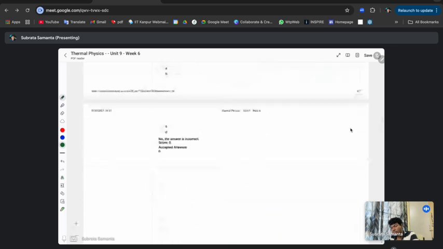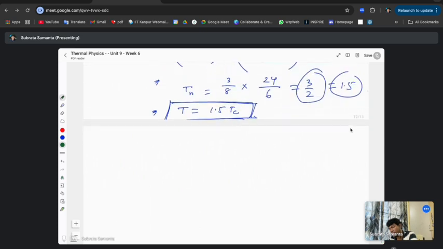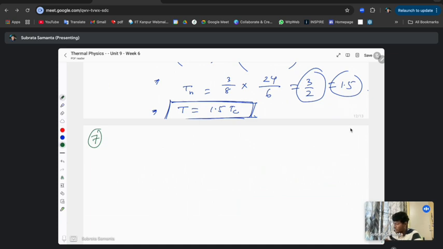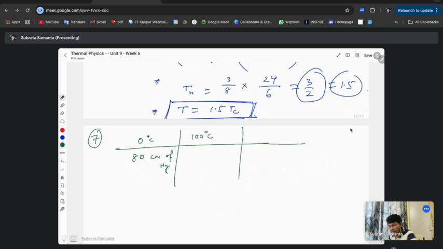So first note down the data that is given. This is problem number 7. At ice point and at steam point, at 0 degree centigrade your pressure is 80 centimeter of mercury, and at steam point, 100 degree centigrade, the pressure is 109.3 centimeter of mercury.